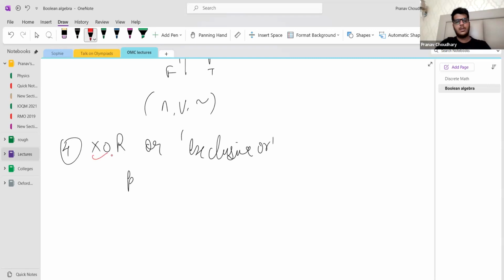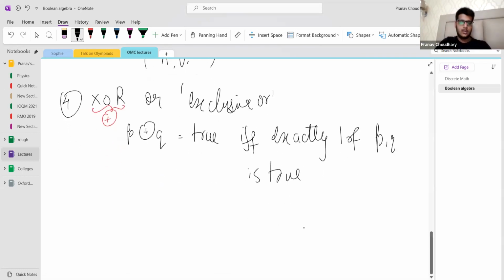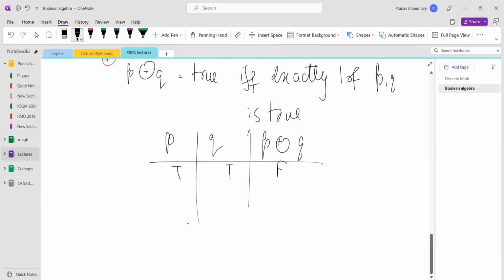The symbol for this is a plus with a circle around it. So P XOR Q is true if and only if exactly one of P and Q is true. So you can denote this by P, Q. I'm drawing the truth table now.